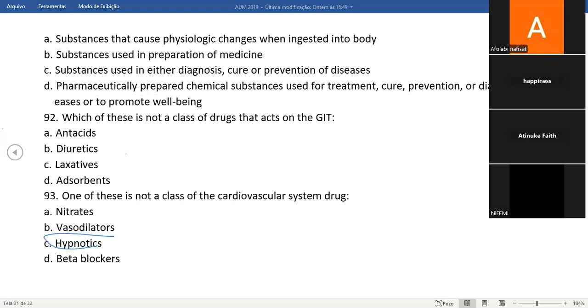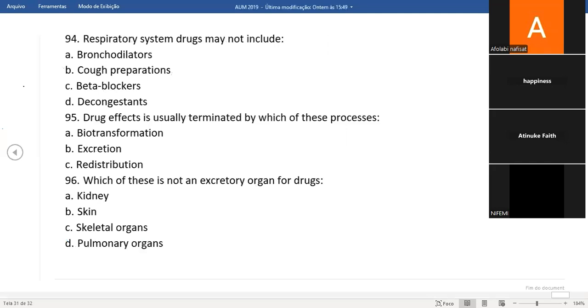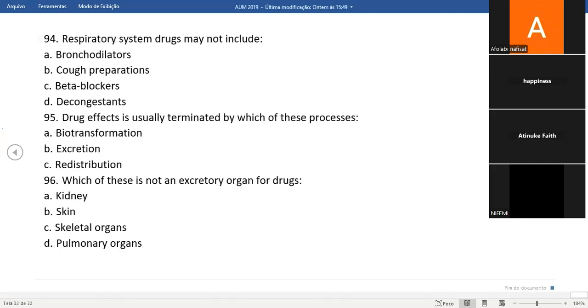What system does hypnotic work on? The CNS, central nervous system. Respiratory system drugs may not include C, beta blockers. Excellent.